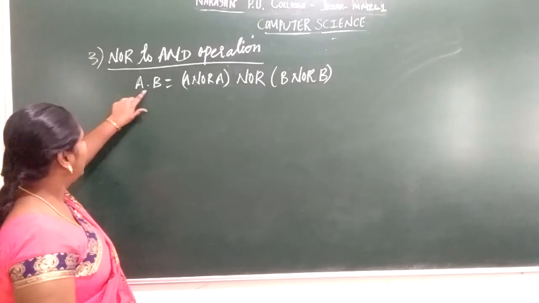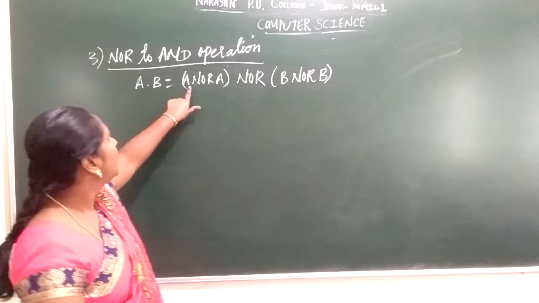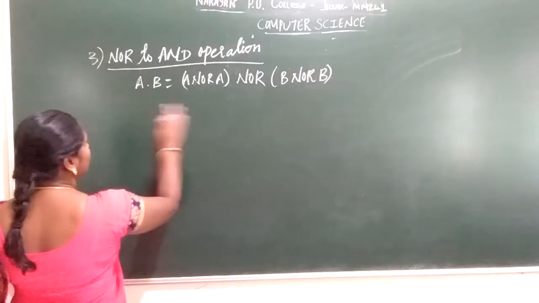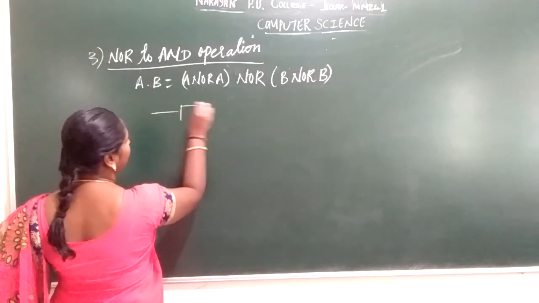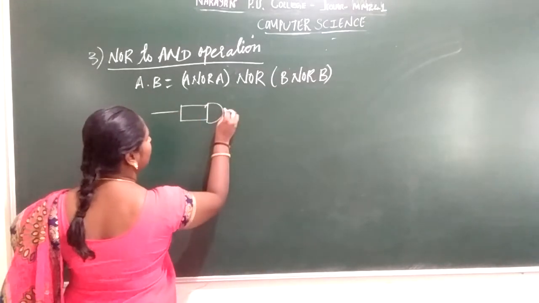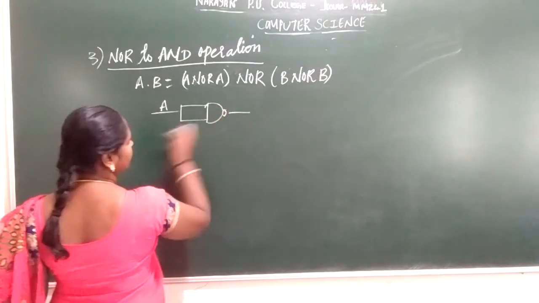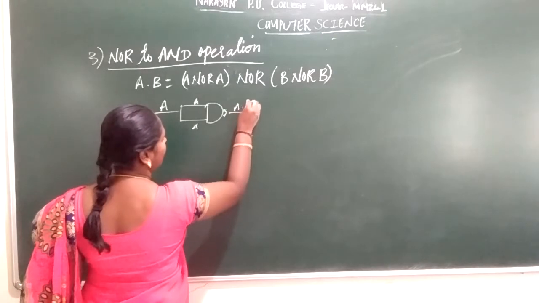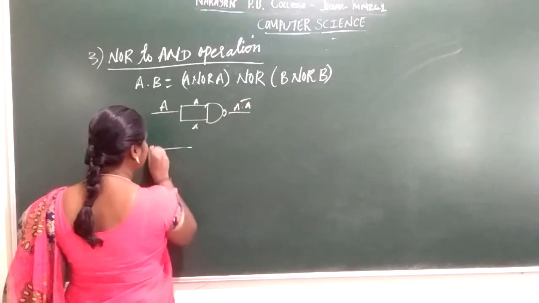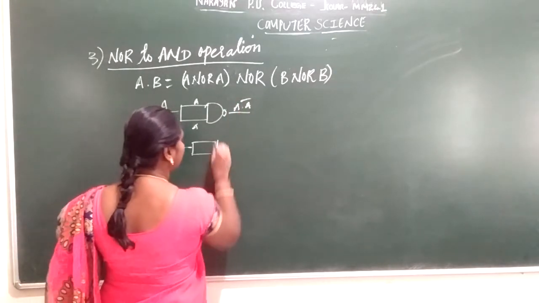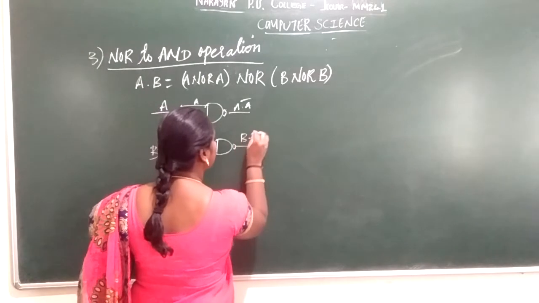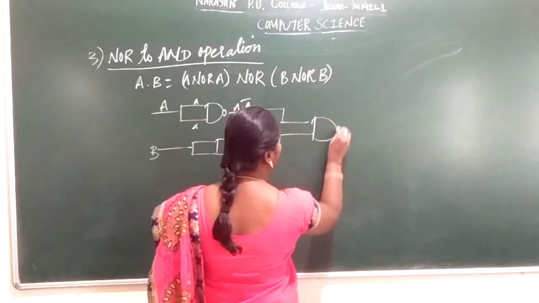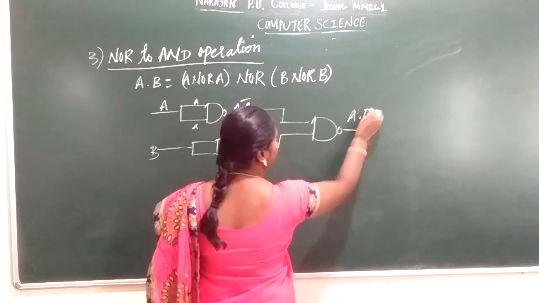So I have taken a into b is equal to a NOR of a, NOR of b, NOR of b. For this you are going to implement a as a into a bar. For b, similarly, b into b the whole bar. When you use a NOR operation here, the result should be a into b.